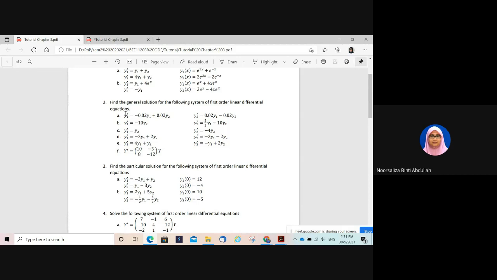Actually it has 5 questions, A, B, C, D, E. Y1 prime, Y2 prime here, coupled on this side. I choose the easy one, because this one has decimals; you all can do it yourselves. I take number 2, B. So you have y1 prime equals to minus 10 y2 and y2 prime equals to 5 over 2 y1 minus 10 y2. So we try to solve this system.